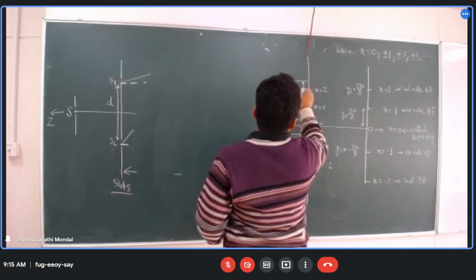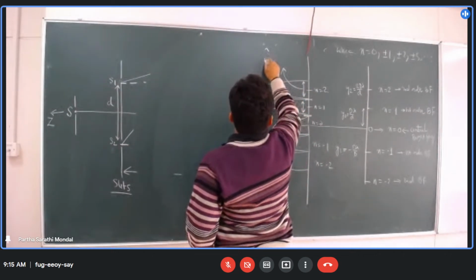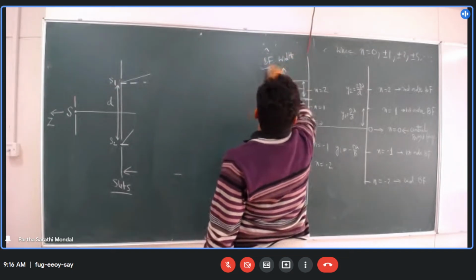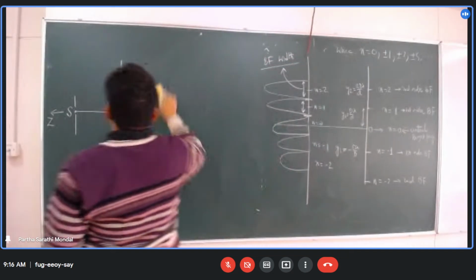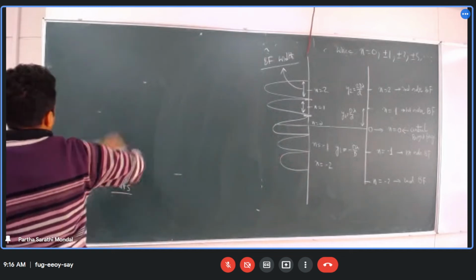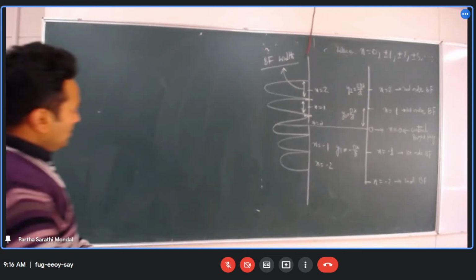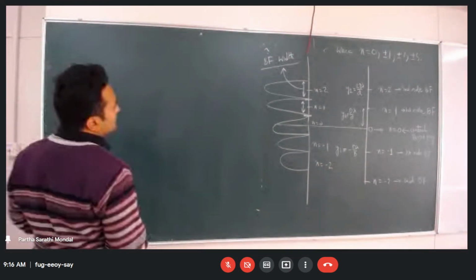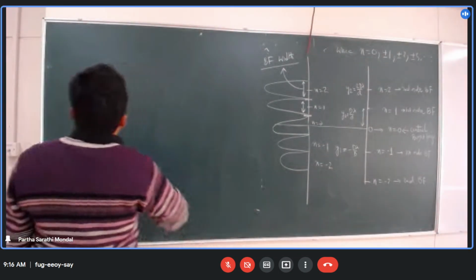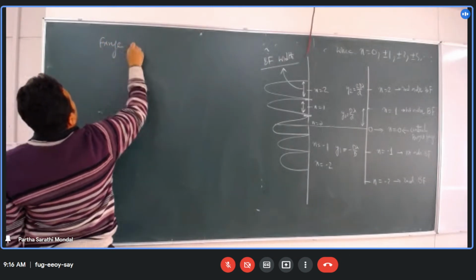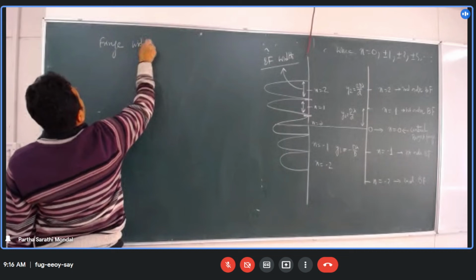So this is your bright fringe width, because we don't know yet what is the dark fringe. Now, λ/d, yes, so I write. So now what is the fringe width? Fringe width we can find out.